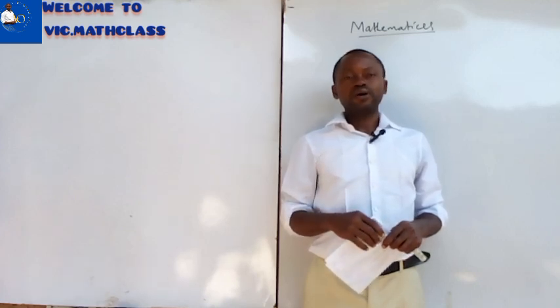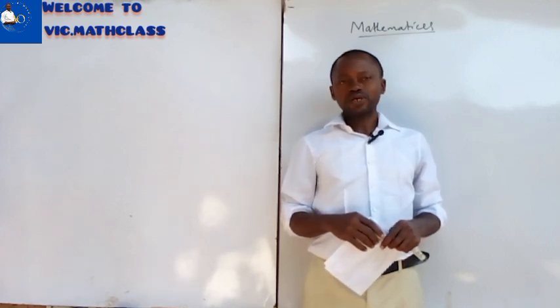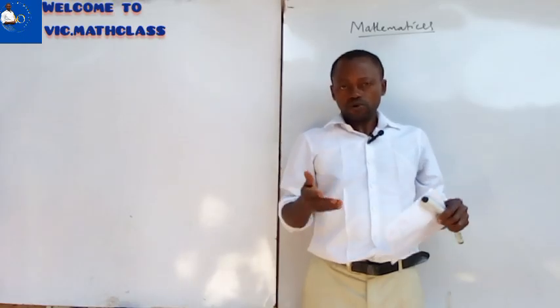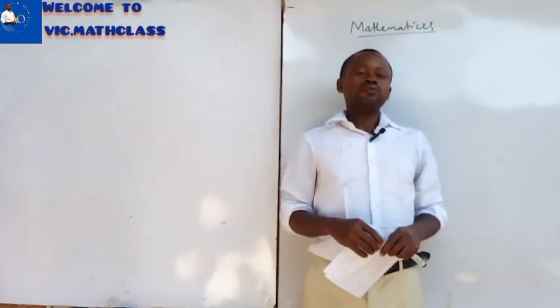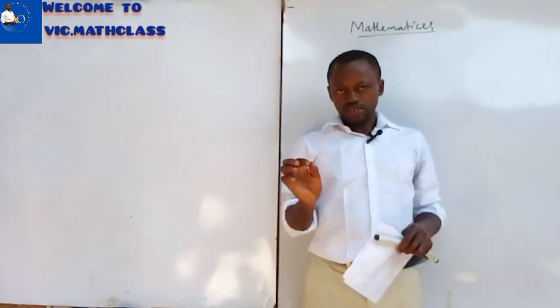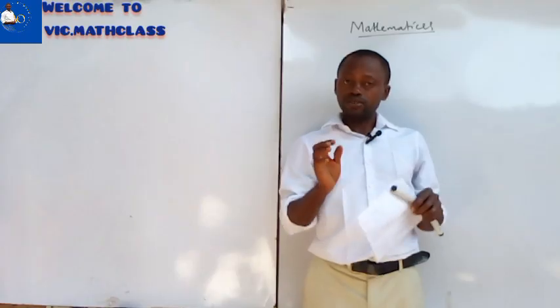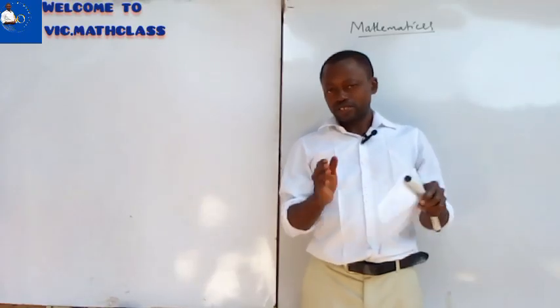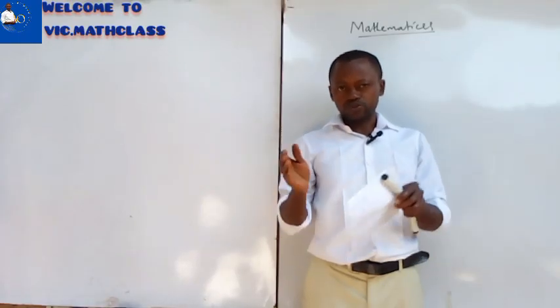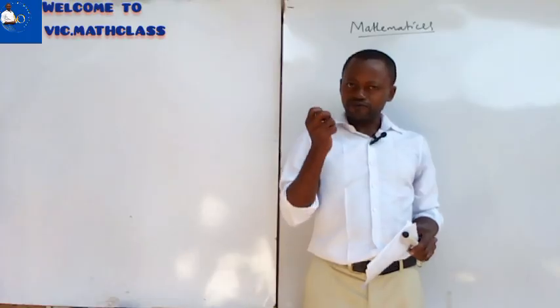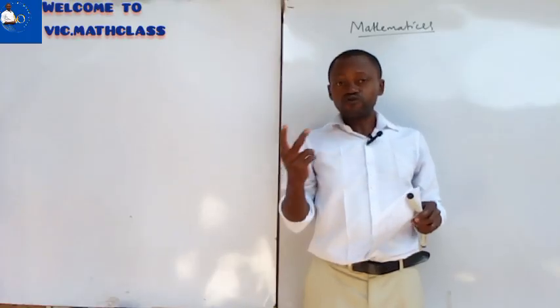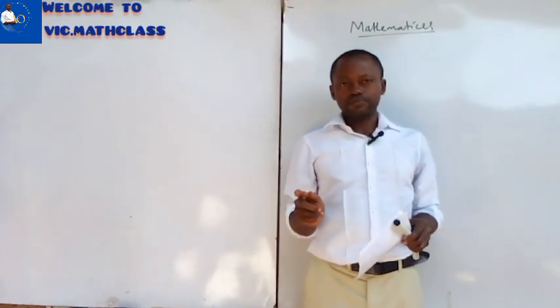Now, when we talk about perfect squares, what exactly are we talking about? When we say something is a perfect square, that is to say that such an expression, or such a value, can be expressed as two factors that are the same.